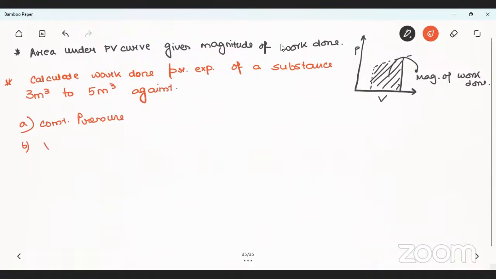Only variables. Number C, free expansion. Number B for 1.